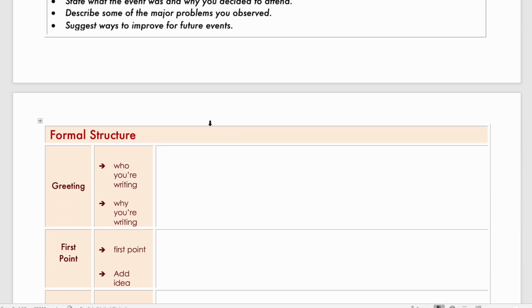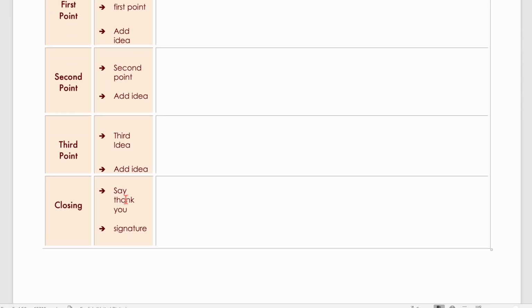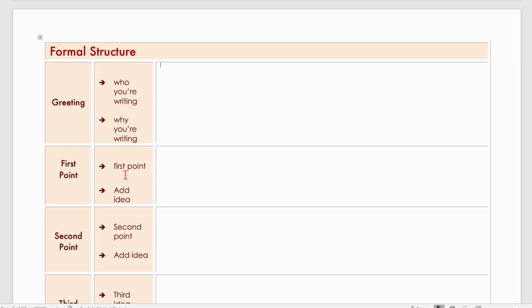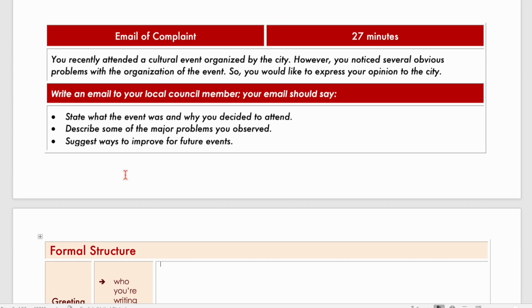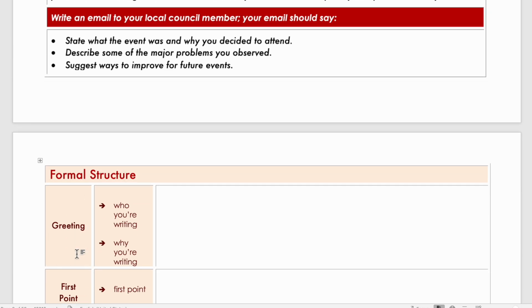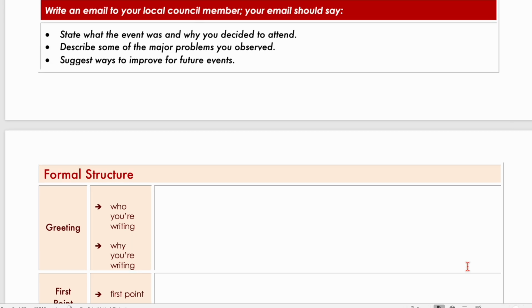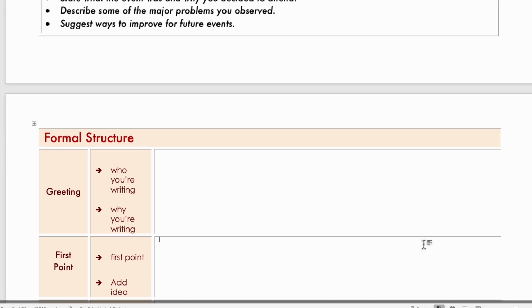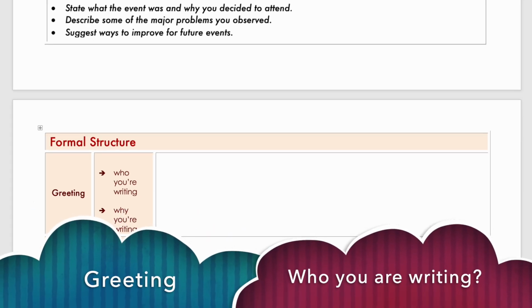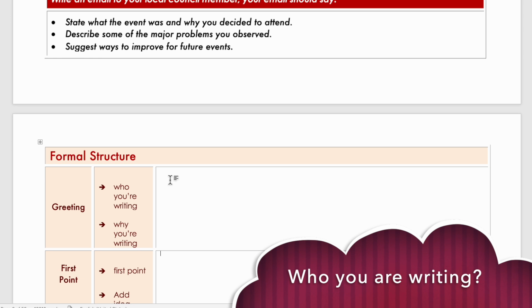You can see here that I've detailed the guide for us, okay? So when we have the greeting, the first thing that we need to do is decide who we're writing to. So let's write that.